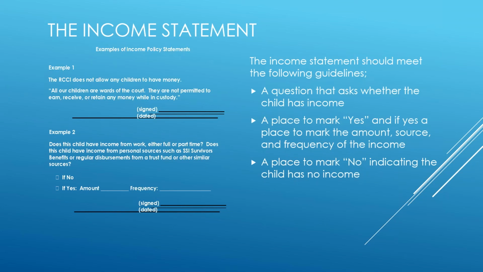The frequency would be how often they get paid if it's from work: every 2 weeks, every week, bi-monthly, once a month. And if it's a disbursement, how often that disbursement is or how often Social Security would be paying them. That would be signed and dated by the official.